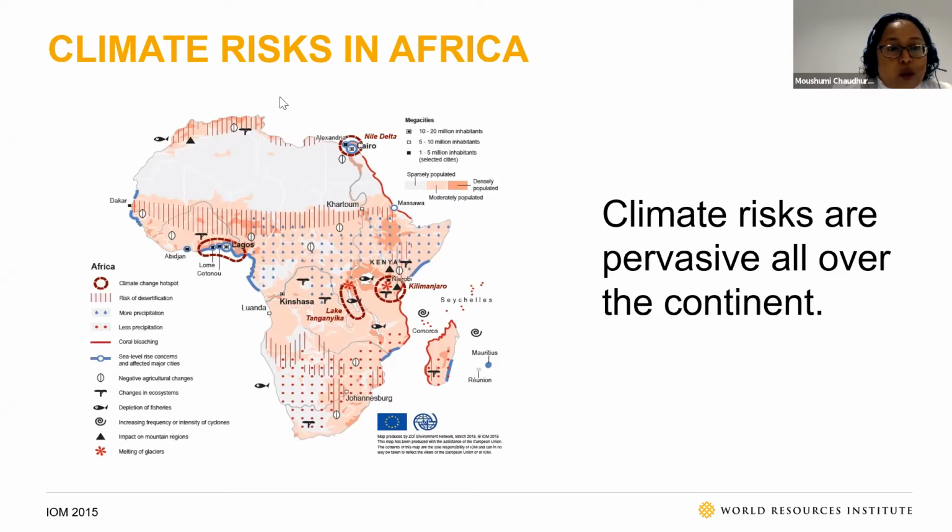You'll see areas with less precipitation, which means less rainfall than predicted. So all of these factors will most certainly affect agriculture and forestry. This is just to give you an overview of the climate risks that are pervasive all over the African continent.